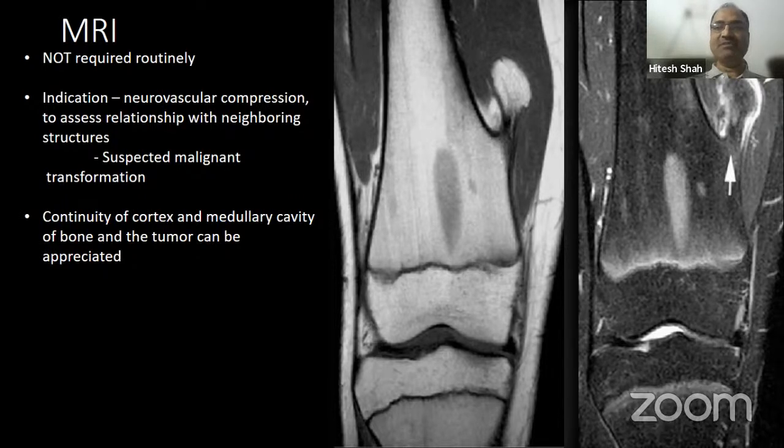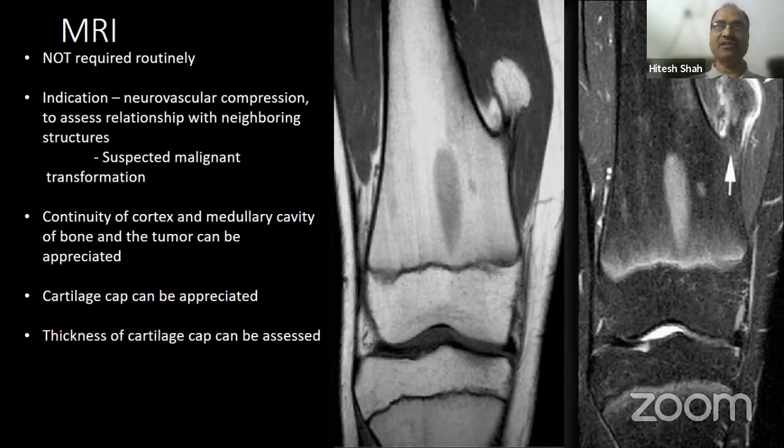Continuation of the lesion from the bone can be well appreciated in the tumor. Whenever you are in doubt whether it is from the bone or not, the cartilage cap and its thickness are also well appreciated. Somebody is going to ask what you are going to assess in the MRI: the cartilage cap. And sometimes it may show bursitis.